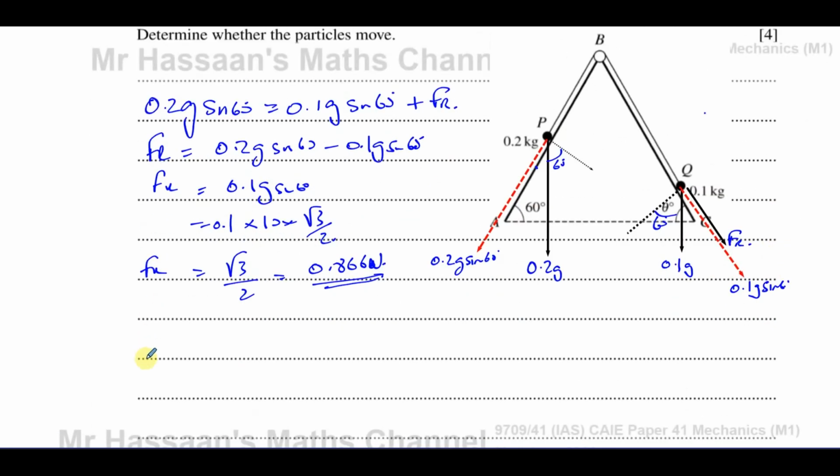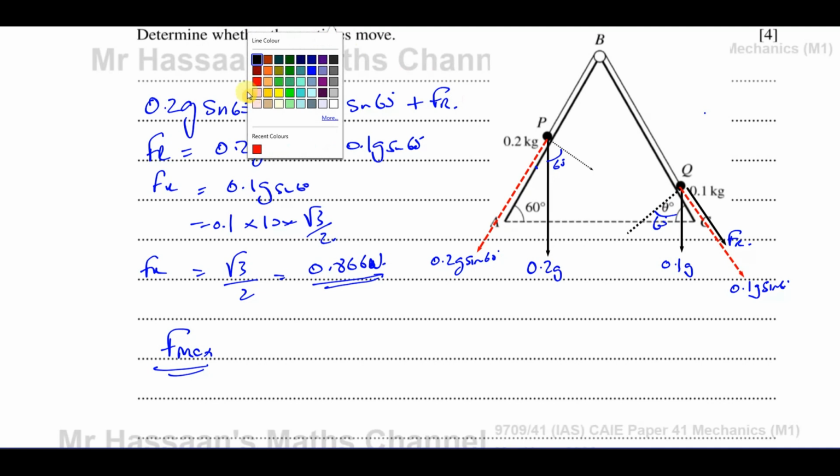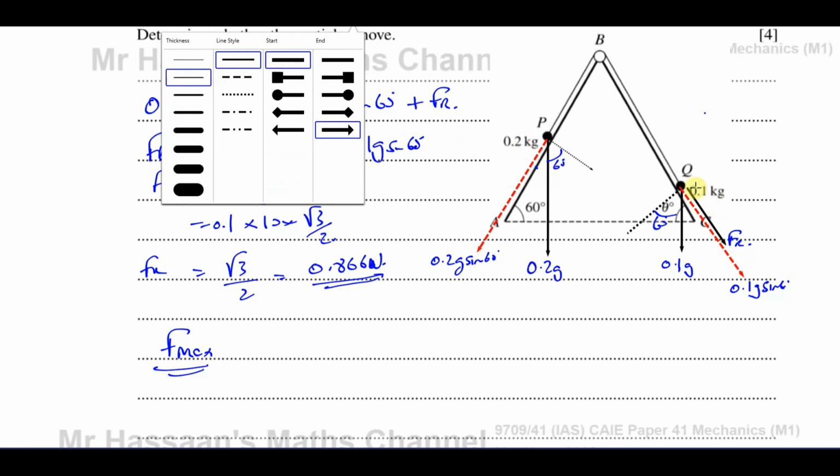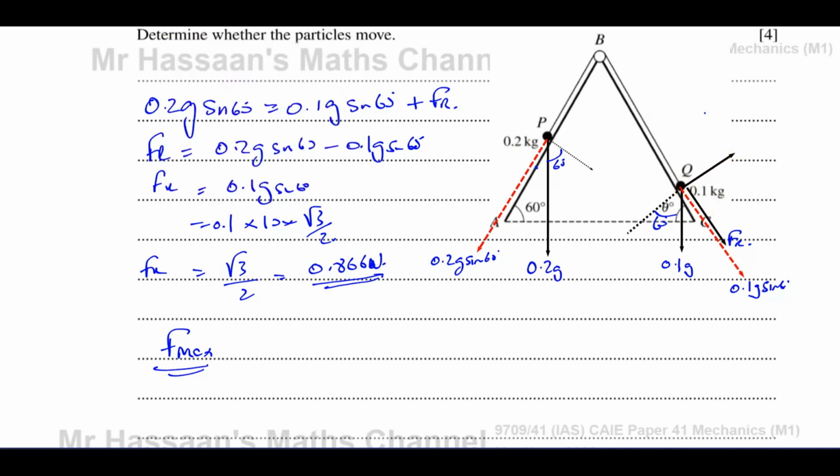Let's work out what F max is. For F max, we have the reaction force acting straight up, the reaction force RQ. That's equal to 0.1 g times cosine 60.